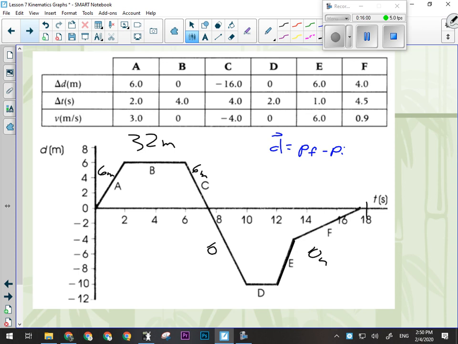It's like 1.77 or something like that. So how do we calculate it? Well, we say average speed is total distance, 32 meters, divided by total time, which was 18 seconds. That should give us 1.8 meters per second. Those are the types of calculations you'd be expected to do from this type of graph.